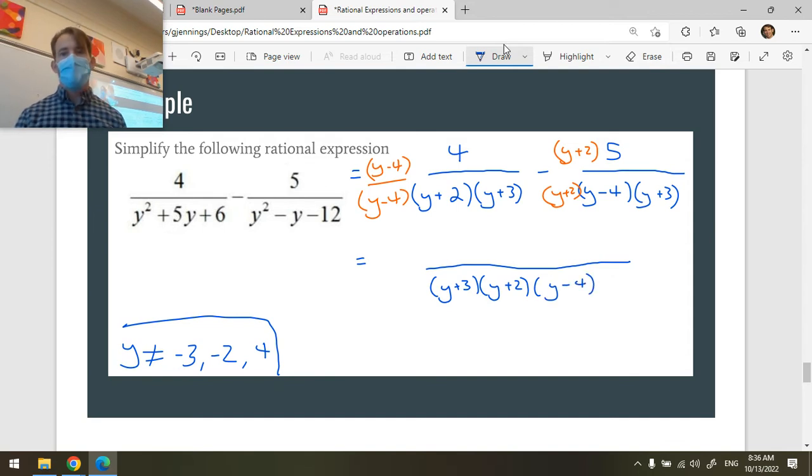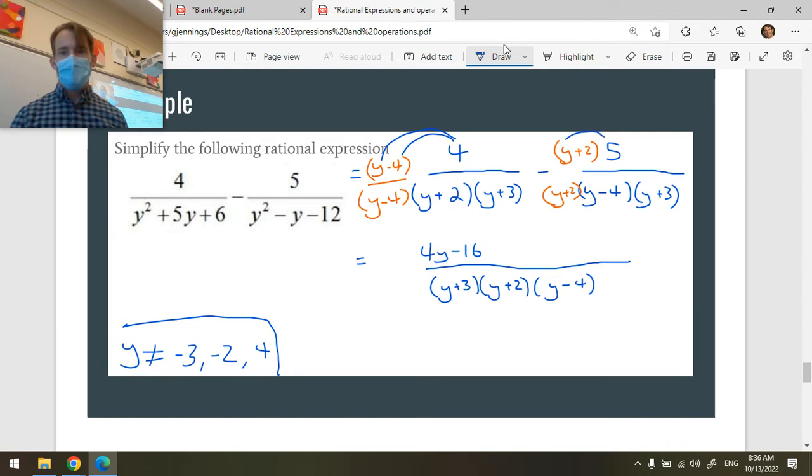Notice that if you multiply that out and simplify it, it will create a cubic. You'll have a y cubed term. And you're going to be exploring those a lot more next year. Polynomials that are cubics. And then let's do 4 times y minus 4. So we're going to distribute this 4 into that bracket. So we'll have 4y minus 16.